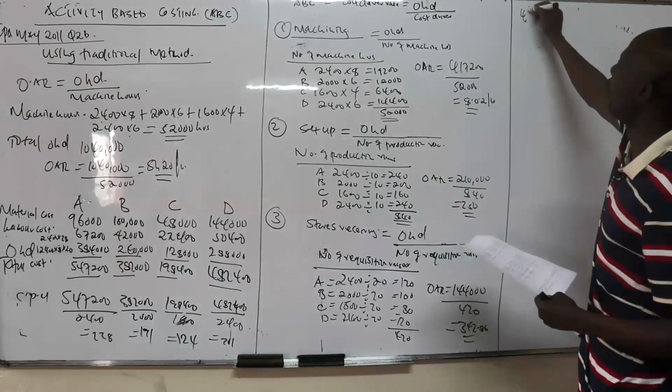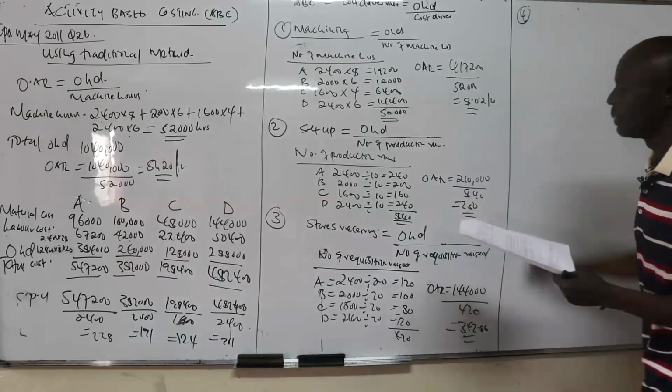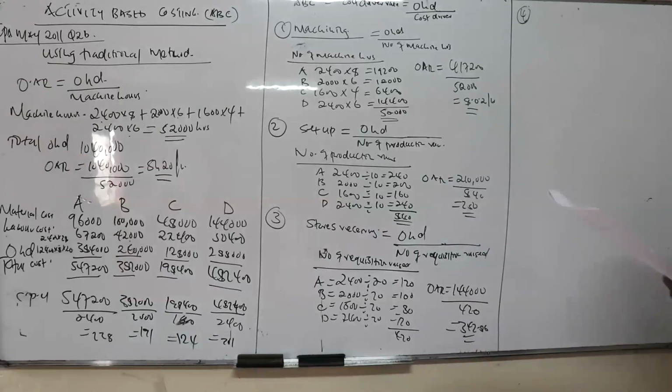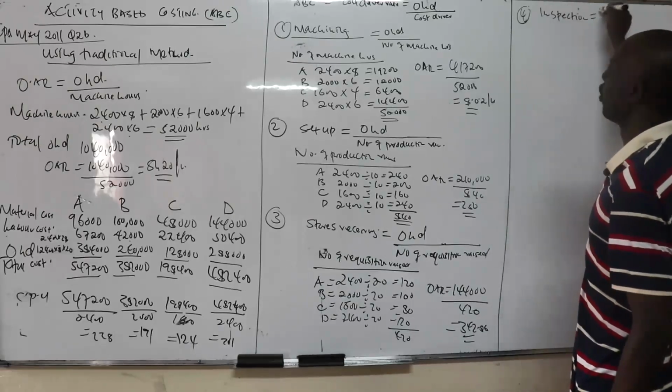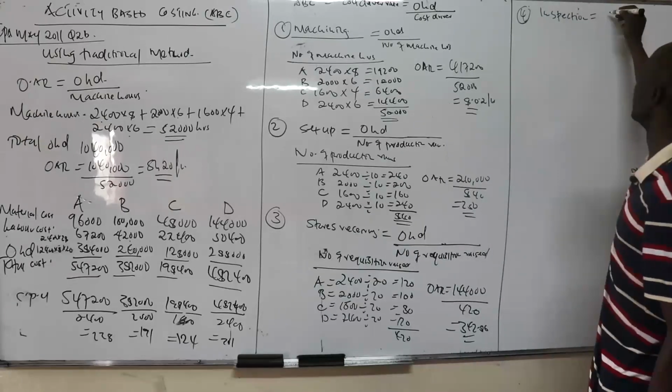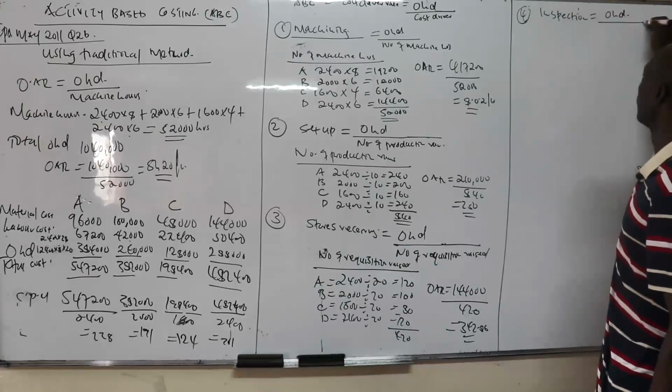We go to number 4. The next activity is inspection. The cost driver is going to be overheads over number of production runs.